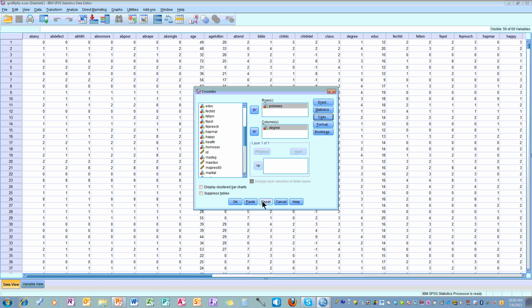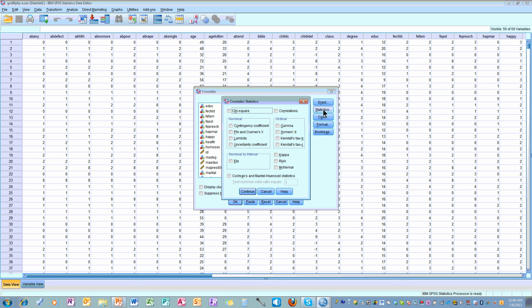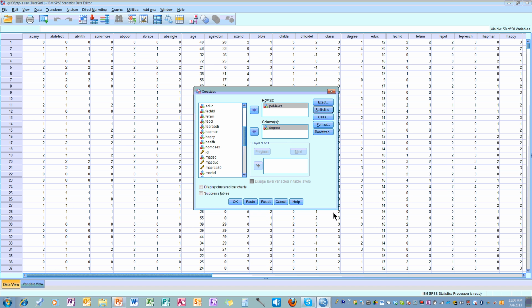It's a statistic that is part of the crosstab function, because crosstabs are the way that we begin to assess the relationship between two categorical variables. So we want to hit Statistics, Chi-square, and then hit Continue. Now we're ready to get our results, and then we hit OK.